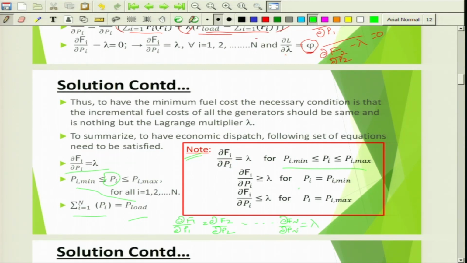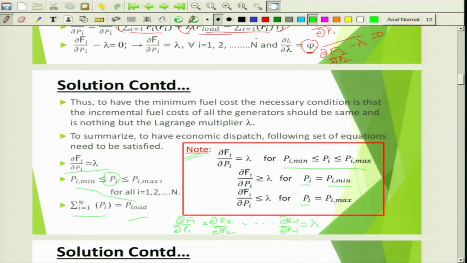If one of the generators touches either of the limits, if Pi is Pi minimum, then dou F by dou Pi is greater than or equal to lambda, and if Pi is equal to Pi maximum, if it touches the upper threshold, then dou F by dou Pi should be less than or equal to lambda. These are the three observations that you will make when you solve a problem.